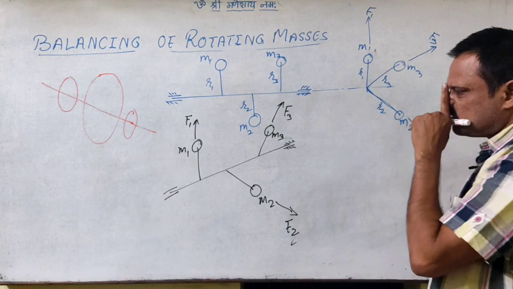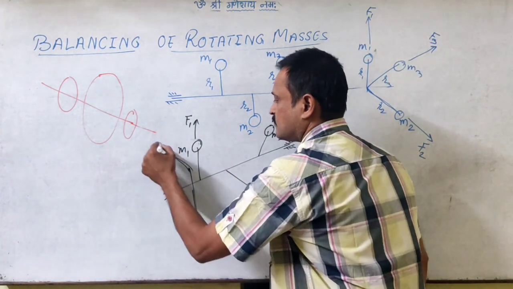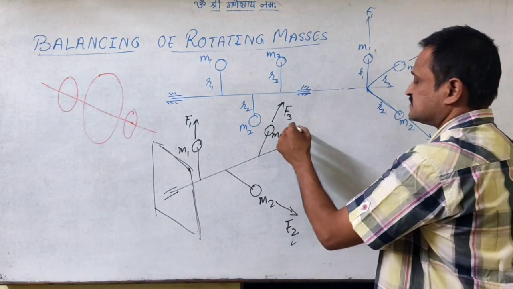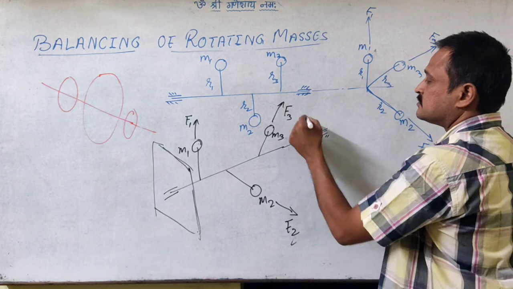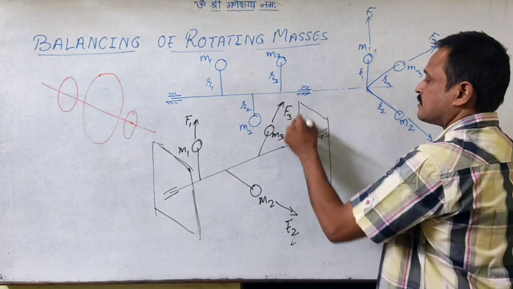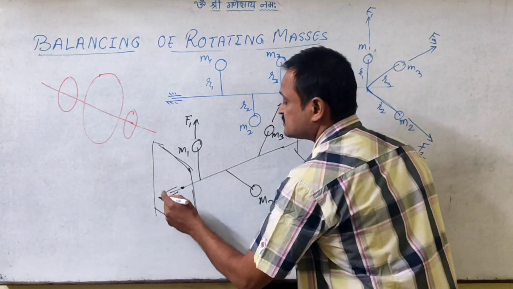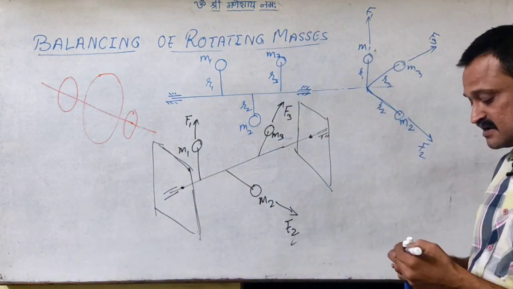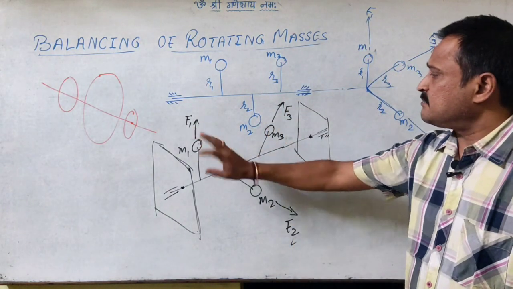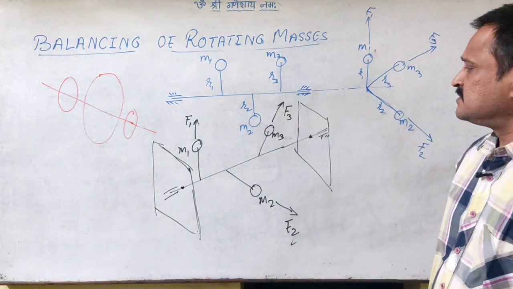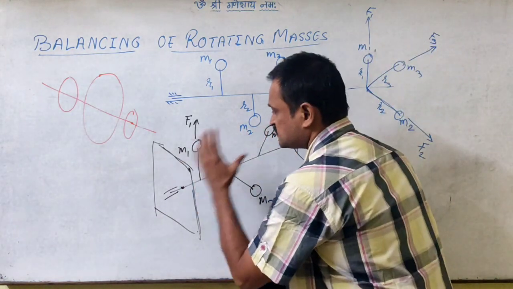So here what we do is select two reference planes. I'll extend it: this is one plane and this is another plane, any two planes, and we can balance this entire system by superimposing these forces on the reference planes.